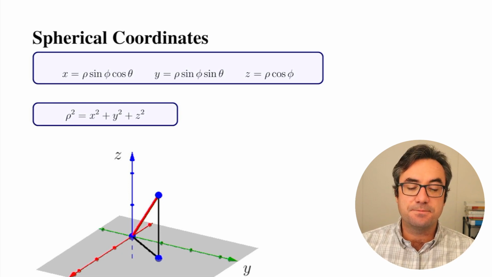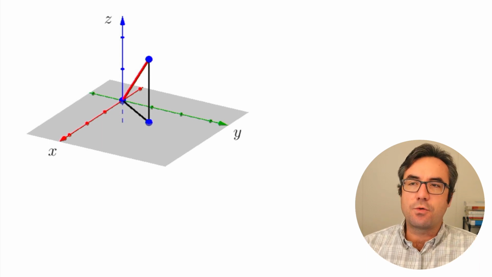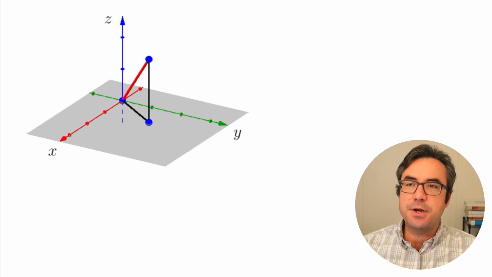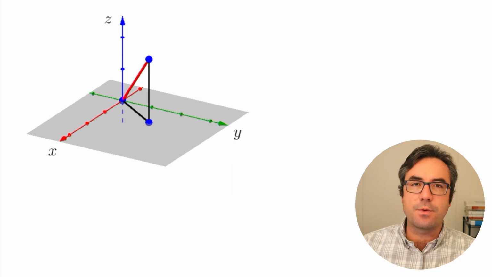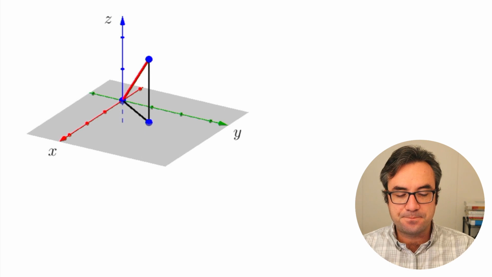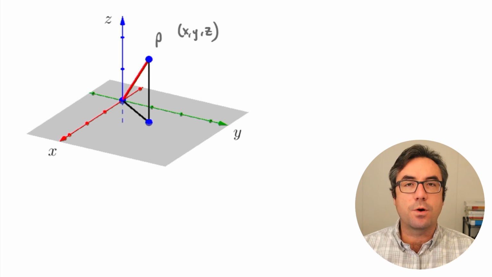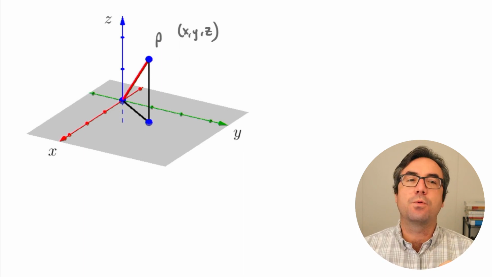But first, let's look at what this coordinate system does. So let's look at this little graph here. We have a point sitting in three-dimensional space, and we've graphed it in the regular XYZ coordinate system here. So here's our point P that we're interested in. Normally, we describe this with three coordinates, X, Y, and Z, regular rectangular coordinates.